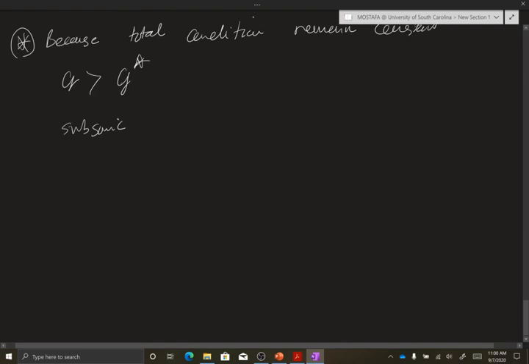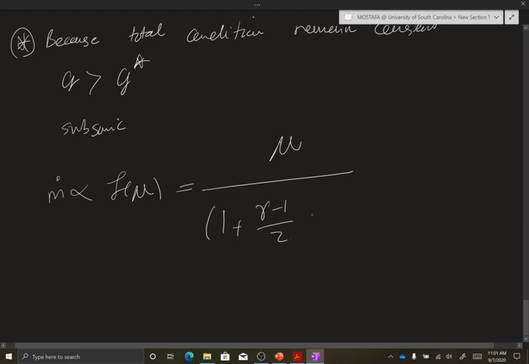Because of that fact, the mass flow in both cases is essentially proportional to a parameter, the mass flow parameter F of M. How can we find this mass flow parameter? This mass flow parameter is essentially M divided by (1 plus (gamma minus 1)/2 M squared) to the power (gamma plus 1) over 2(gamma minus 1).